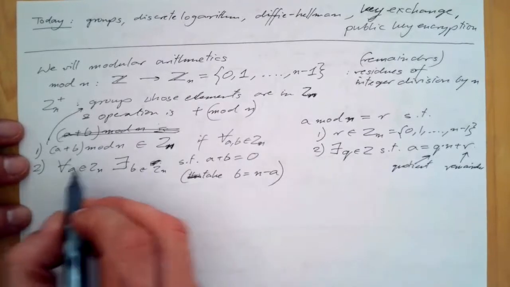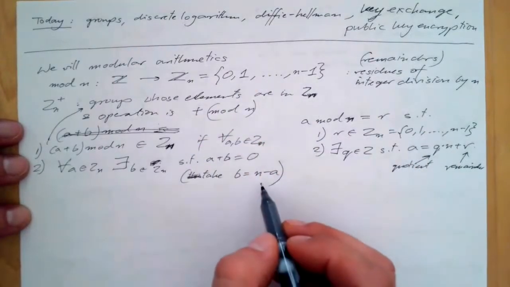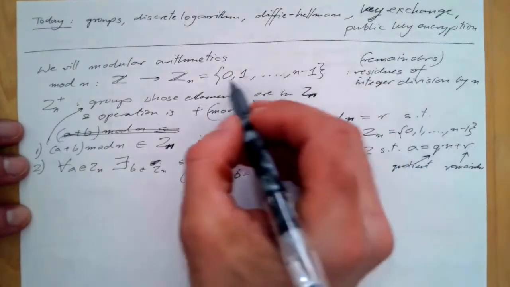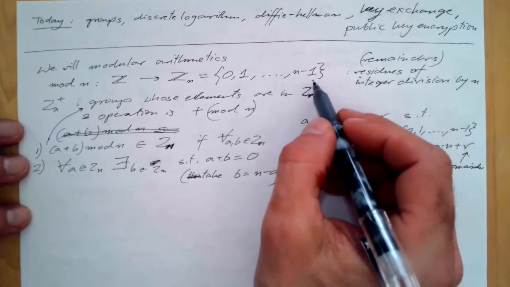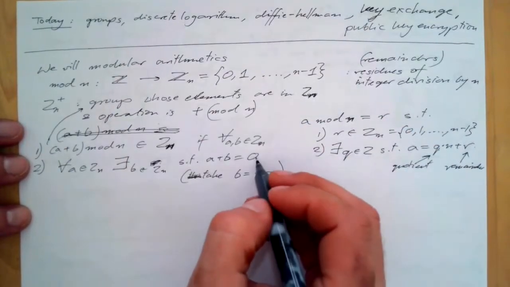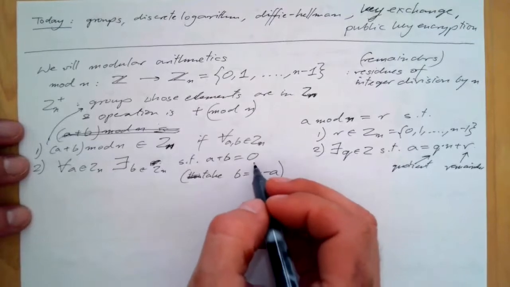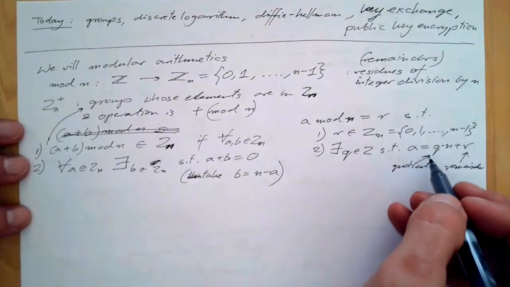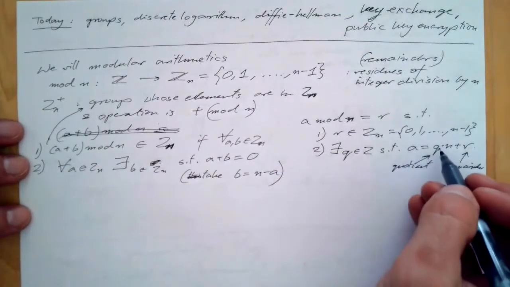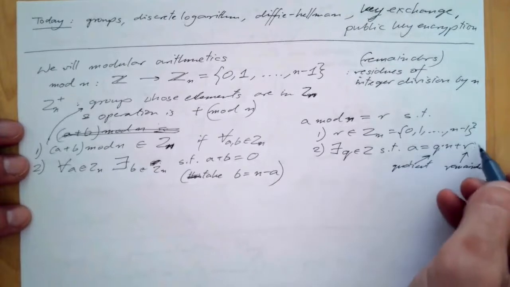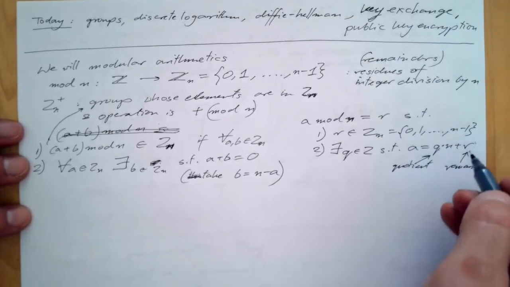For every a in this range, if you take n minus a, it's still in this range. And the two of them will sum to 0, because they sum to n over the integers, but n is just 1 times n plus 0. So the remainder is 0.